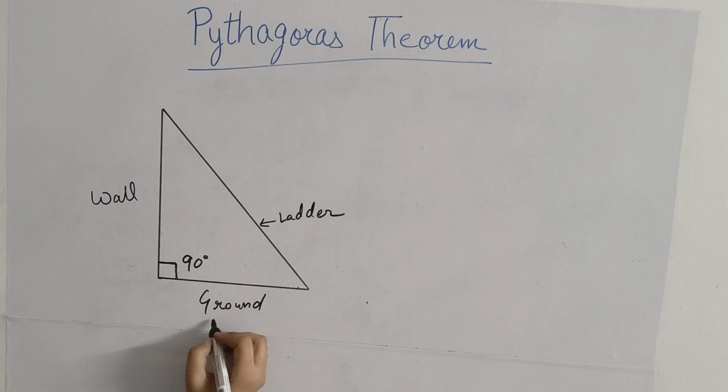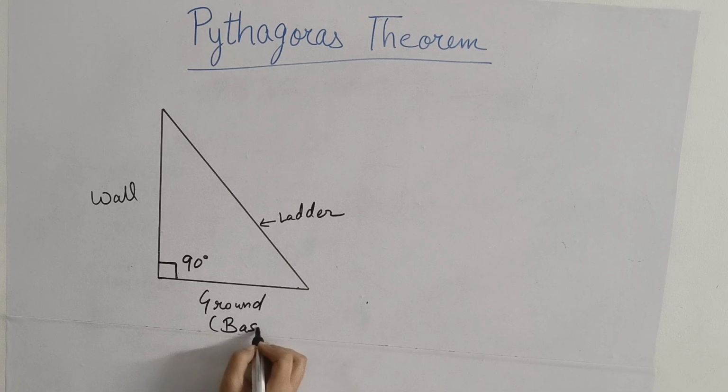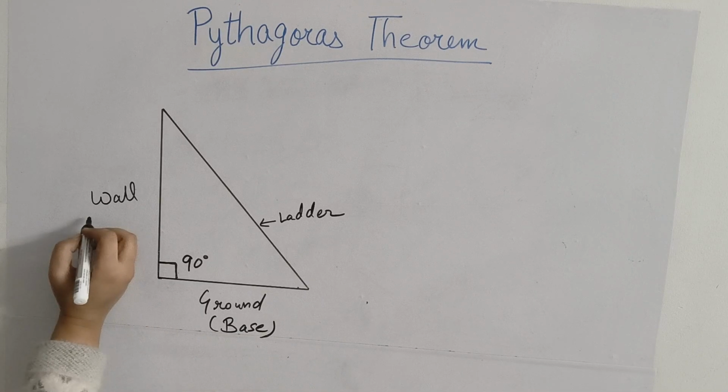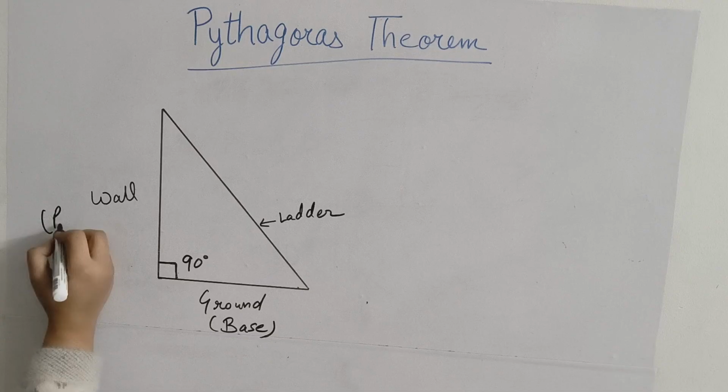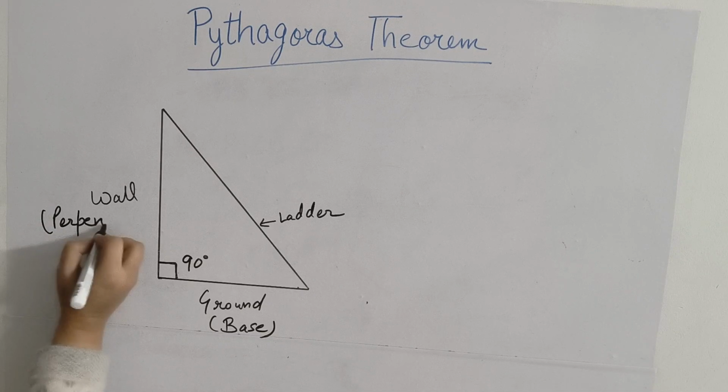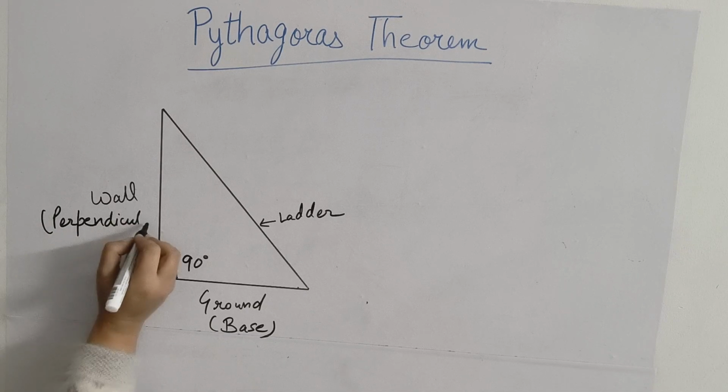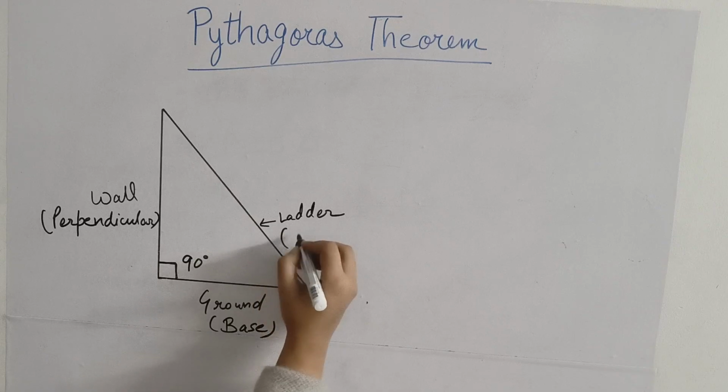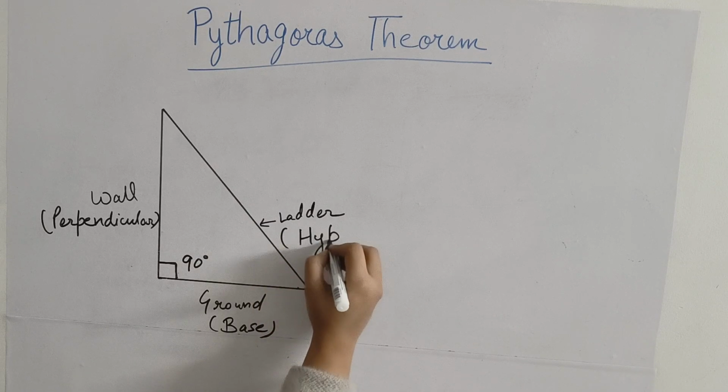Here our ground is the base, the wall is the perpendicular, and the ladder is the hypotenuse.